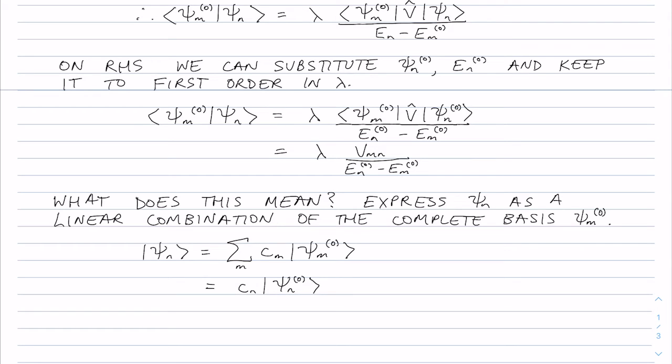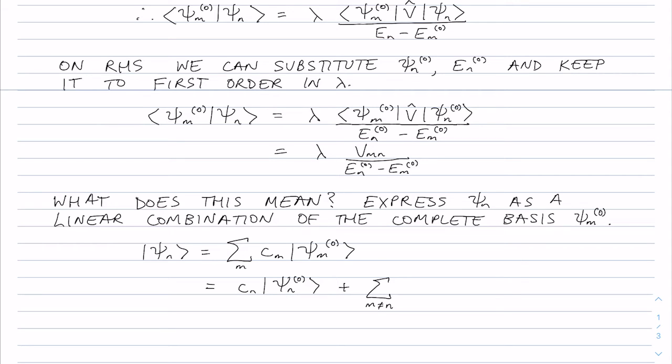How do I know that? Cn is close to 1. It's because lambda is small, so it's a small perturbation. If it's a small perturbation, then psi n has to be close to psi n 0. It can't have changed too much. If it changes by a lot, it's not in the realm of perturbation theory anymore.